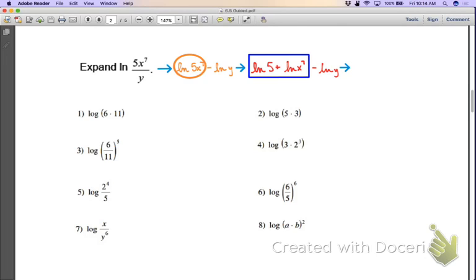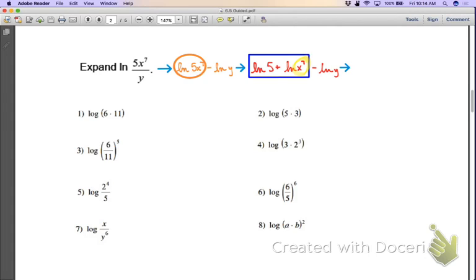I can never end any expansion of a logarithm with an exponent still there. So the natural log of 5, can I expand that any more than it already is? No. What about the natural log of x to the 7th? What still needs to be expanded out of what's circled? Where's the 7 going to go?